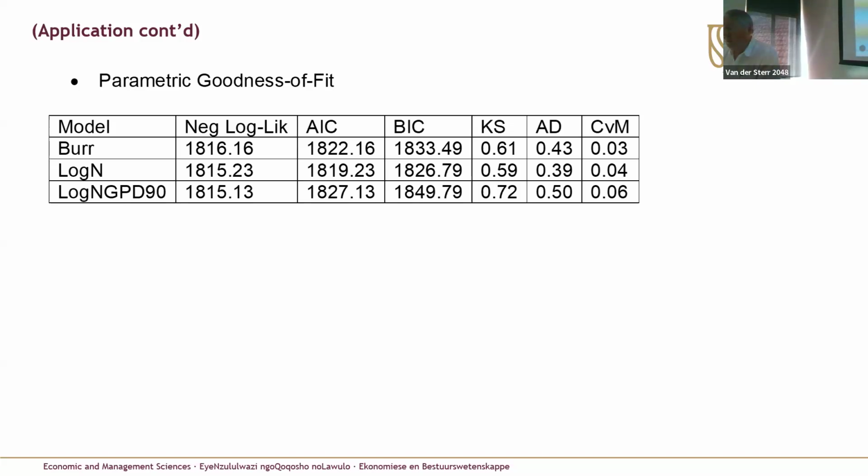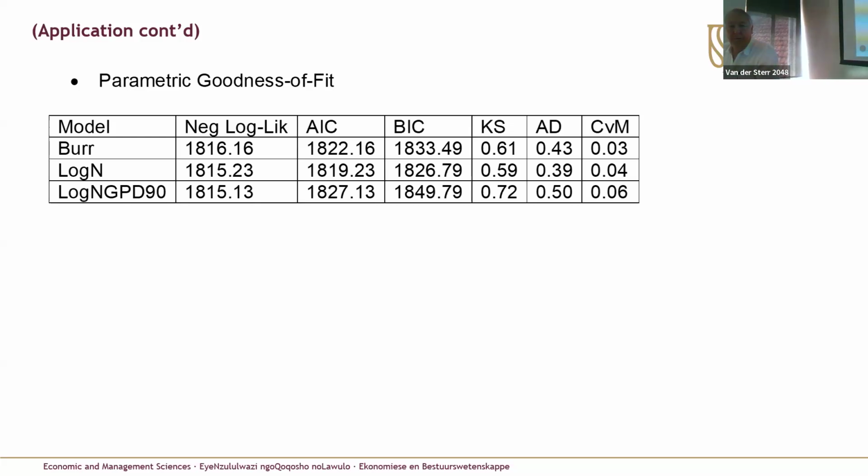There's a Burr distribution, which is popular in extreme value theory. There's a log normal distribution, which is quite popular in operational risk. And then there's a splice distribution, which takes the log normal in the center of the distribution, and you splice it at a particular point, and you use the GPD, generalized Pareto distribution, for the tails. Okay, so you fit them together nicely, smoothly. And for the tails, you know what's happening there. It's a GPD. In the center, it's sort of okay if you use the log normal.